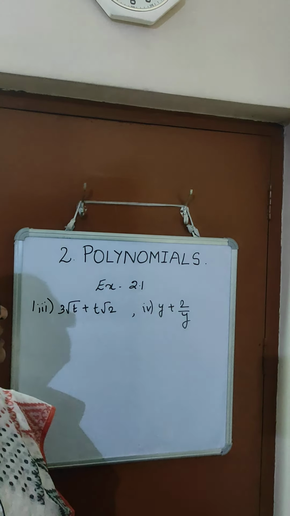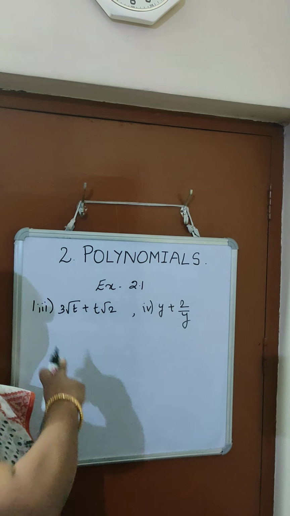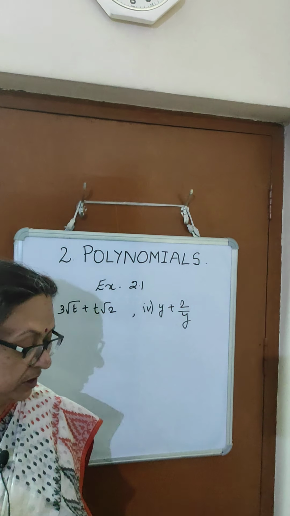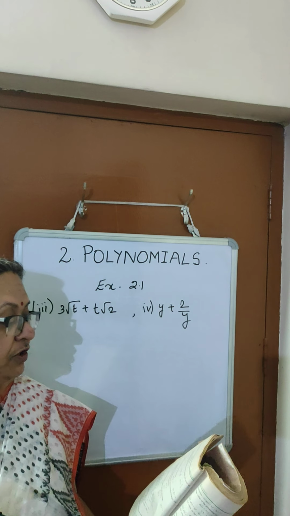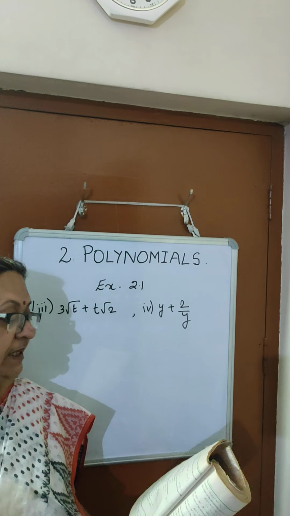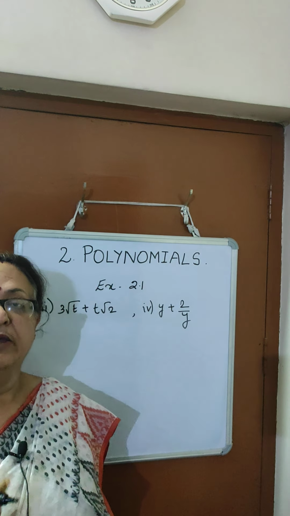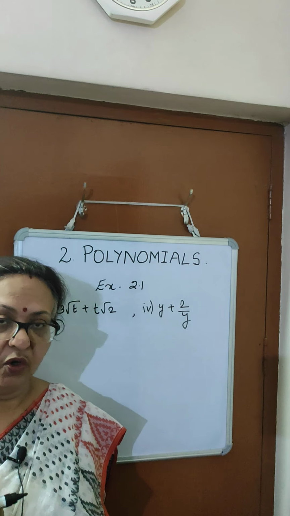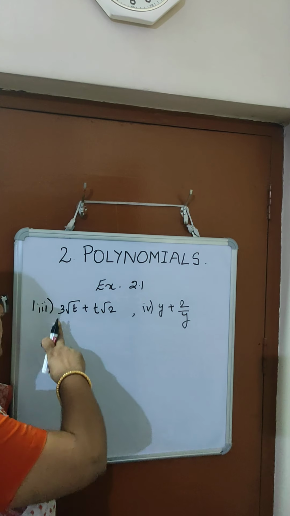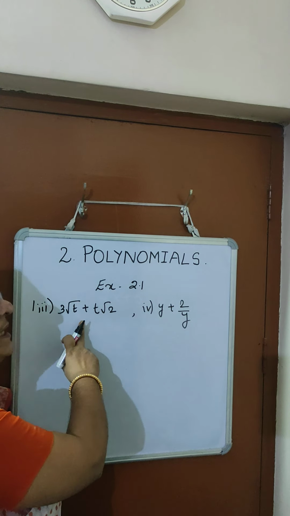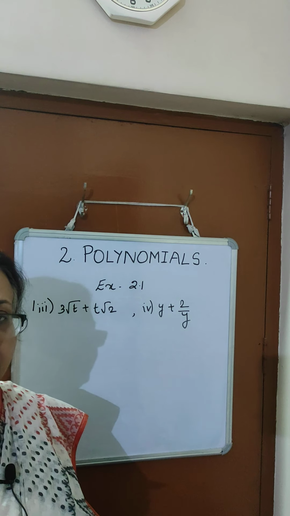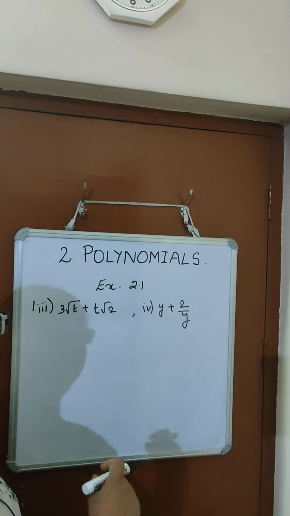Now, see exercise 2.1, the first question. What is said here? Which of the following expressions are polynomials in one variable and which are not? Now, we have to say whether these are polynomials or not. See the third one. Is this a polynomial?